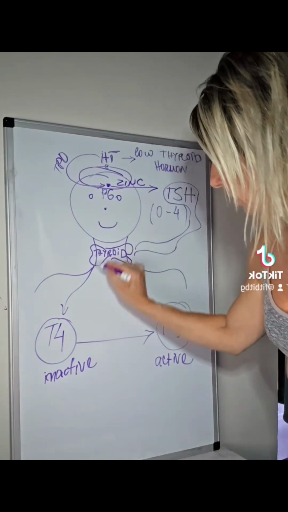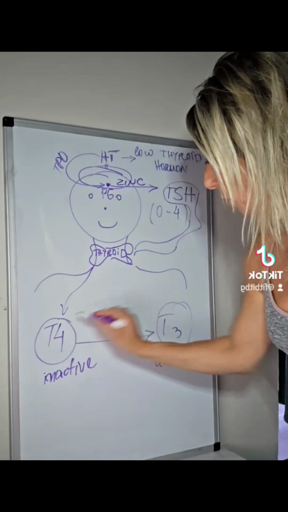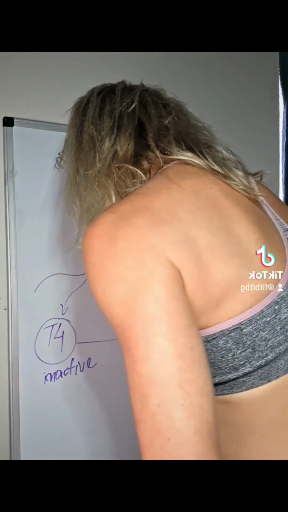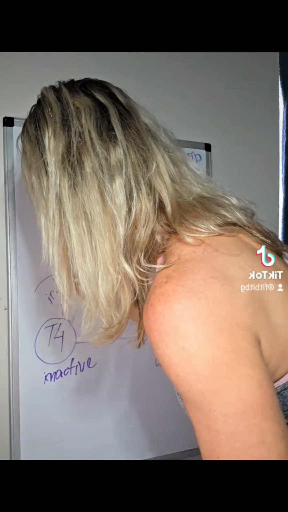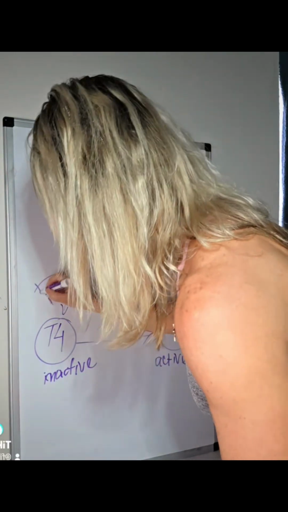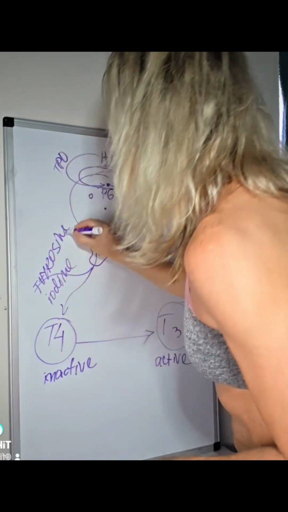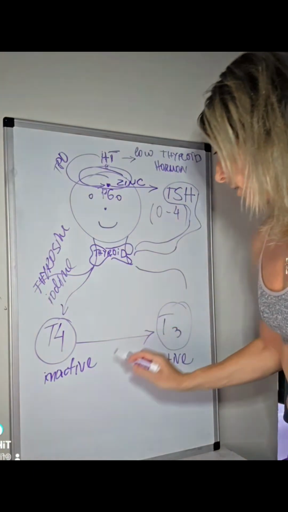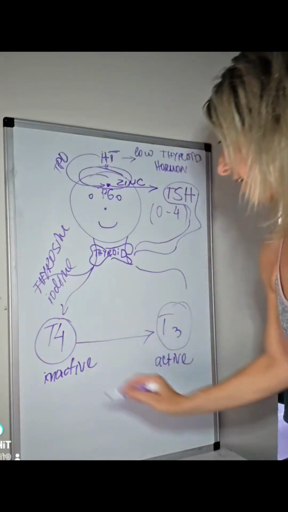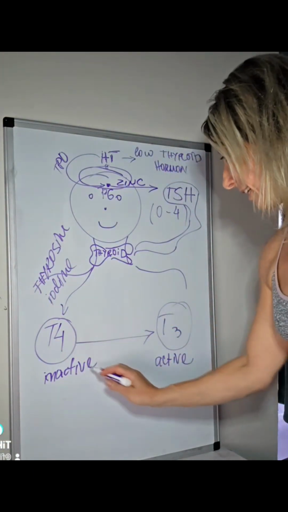Now for this T4 to be produced, we need iodine and tyrosine, which is an amino acid. So then we get a bunch of T4, which is, like I said, the inactive form.